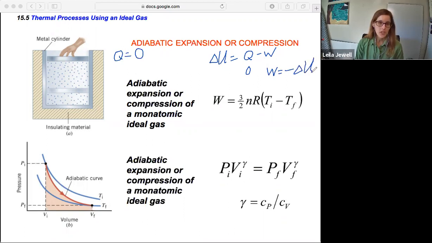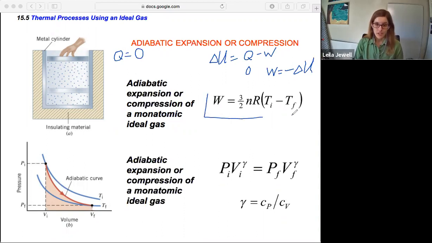So if we take that equation we just had on the last slide, 3/2 nRT final minus T initial, and we put a negative sign in front of it, we get the T final and initial swap, and we get that the work done is 3/2 nR times T initial minus T final.